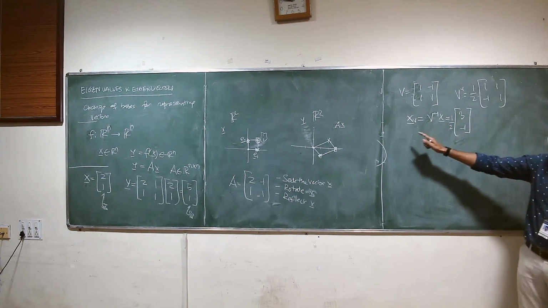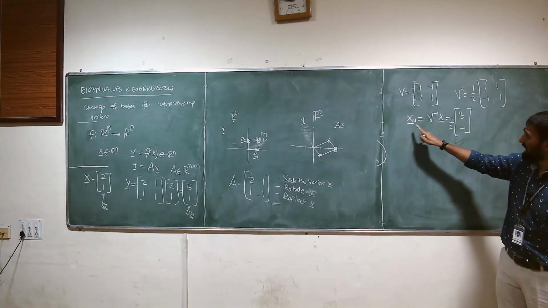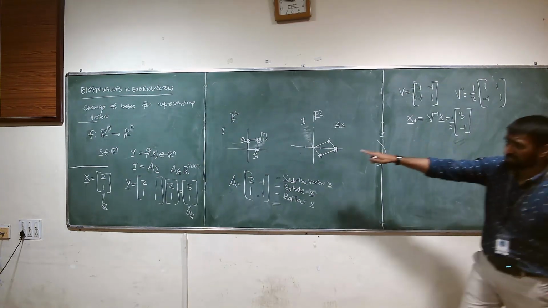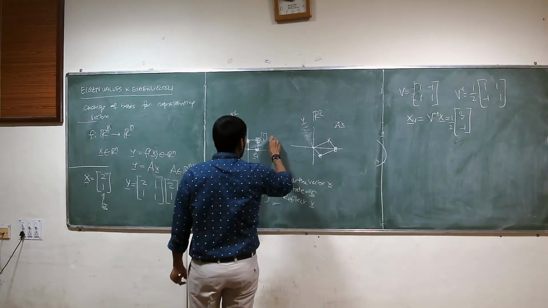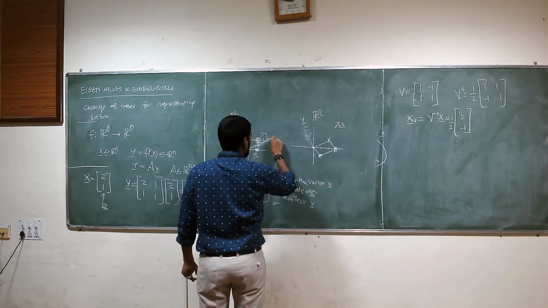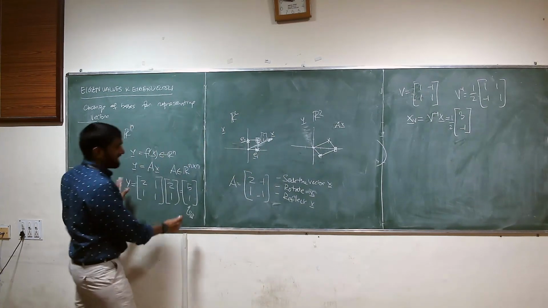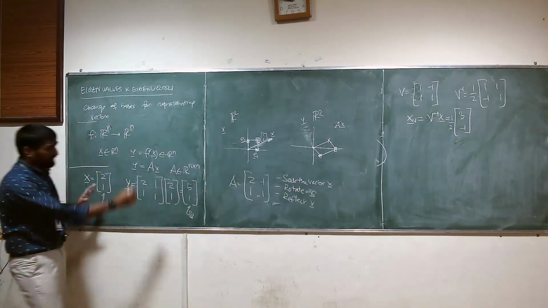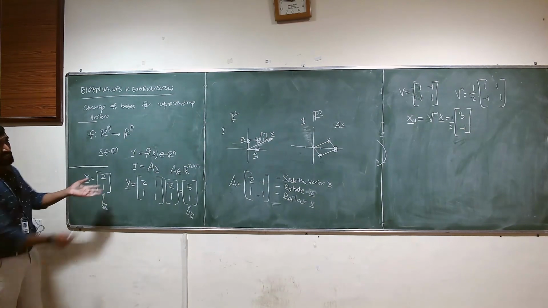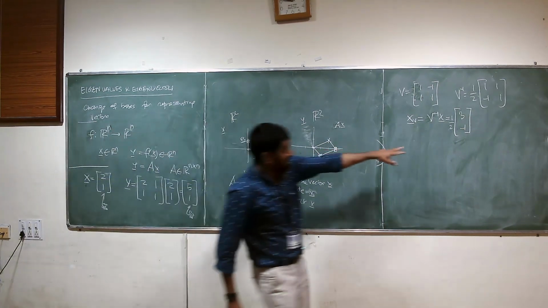See, both xv and x represent some point here, which is 2, 1, this point. It's just that the standard basis represents it like this. The V basis represents it like this.